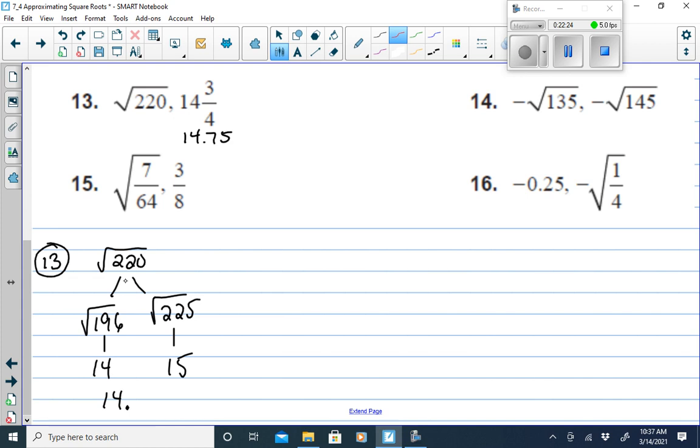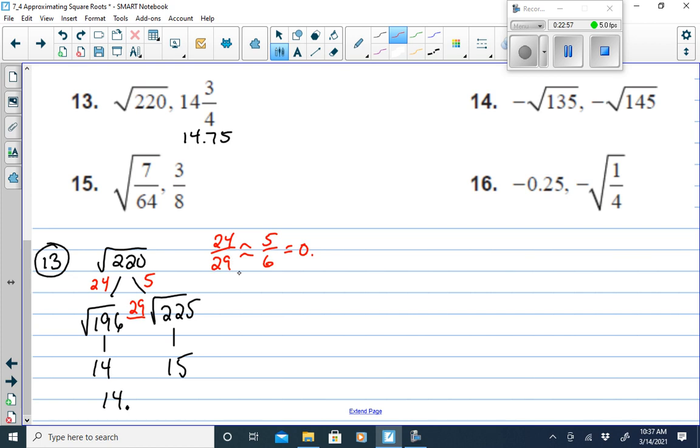Let's find the something. We look at our differences here. The difference between 220 and 196 is 24. That's 5, so this is going to be 29. Well, 24 over 29 is approximately 5/6, which we know is 0.83.